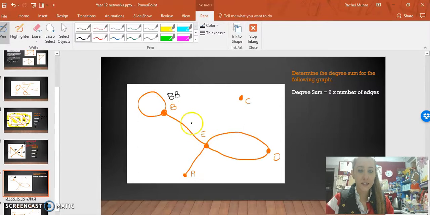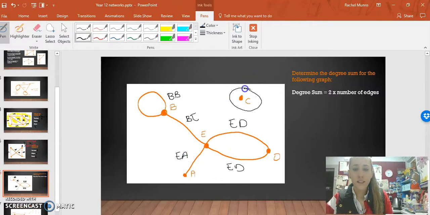We've got B to E. We've got E to D. And we've got a second E to D there. And then an E to A. You can see here that we've got an isolated vertex in C, which won't factor into our equation, but I just wanted to point that out.